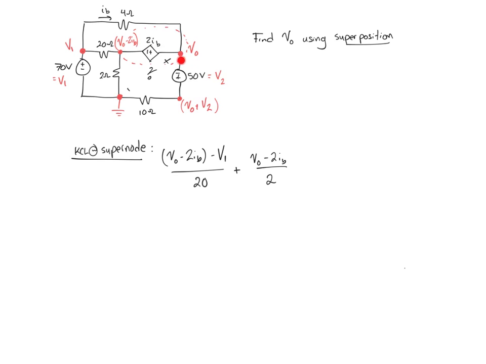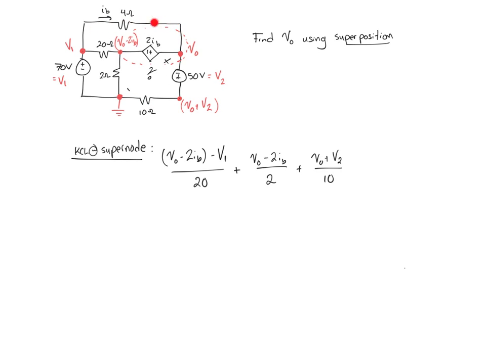Now looking on the other side, we have the current through the 10 ohm resistor and the 50 volt source. So here I have to take V0 plus V2 minus 0. So V0 plus V2 over 10 ohms.